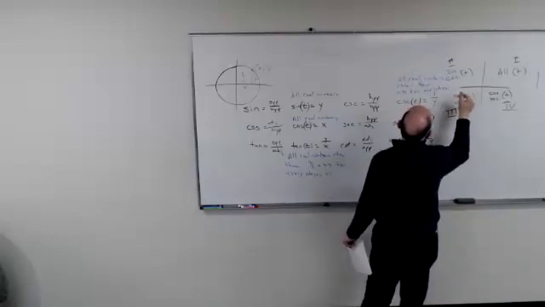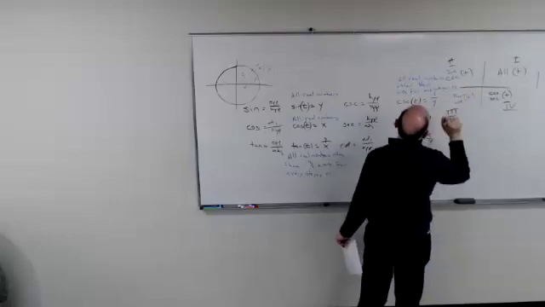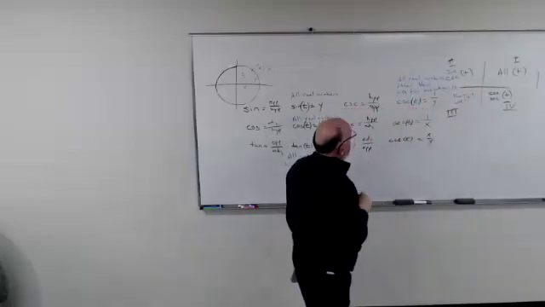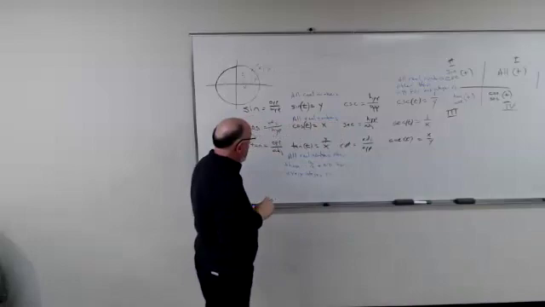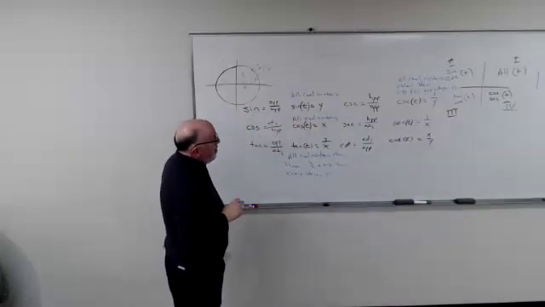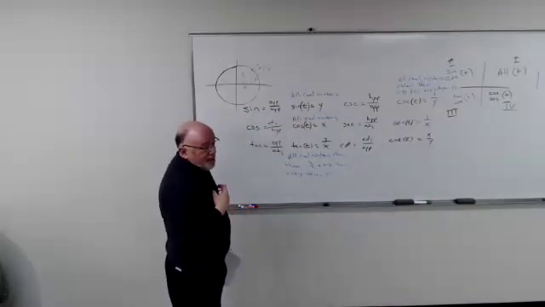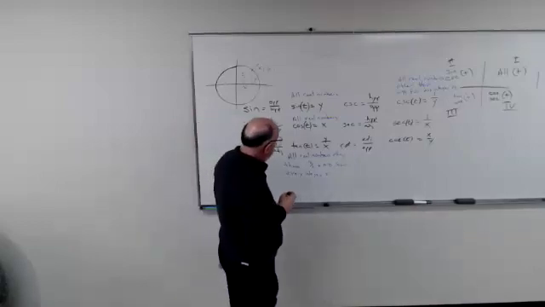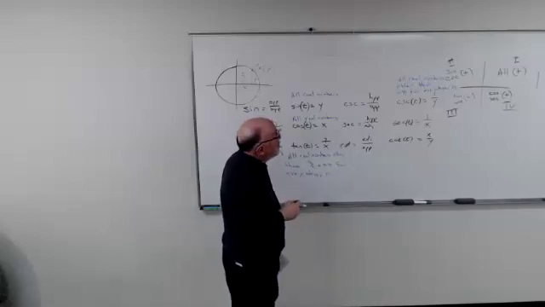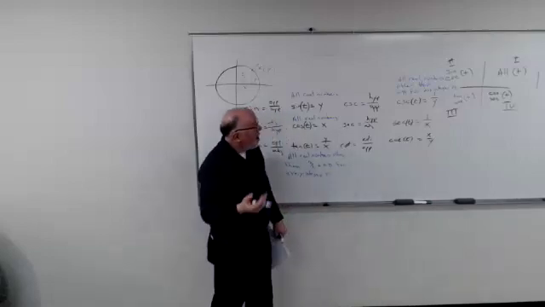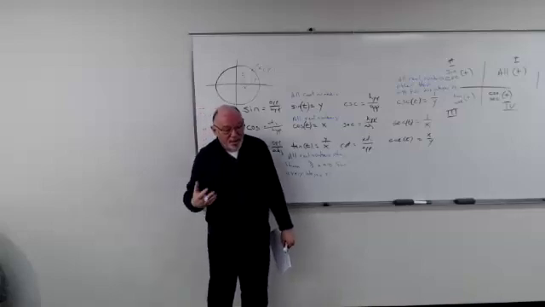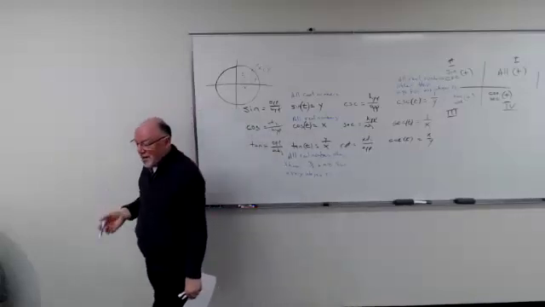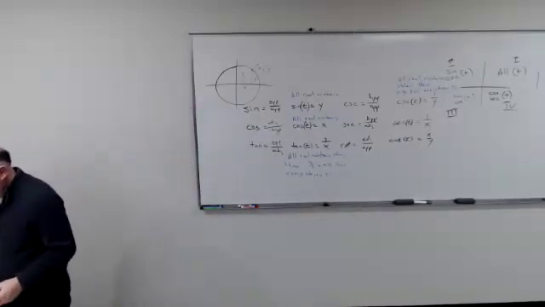We need to get that in there. Because they always have pi. Really, again, pi, 1 pi, 2 pi, 3 pi, negative 1 pi, negative 2 pi, so on, right?